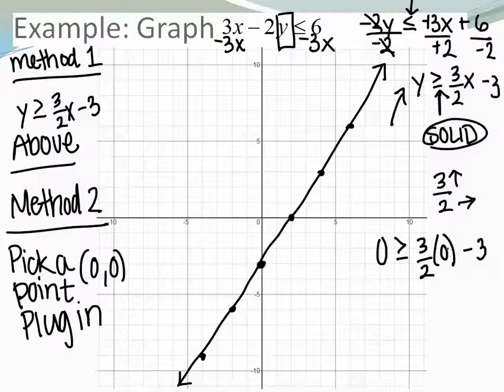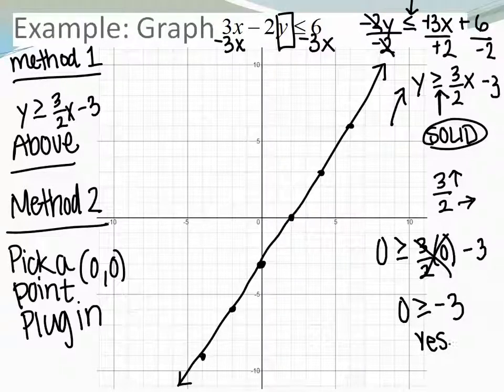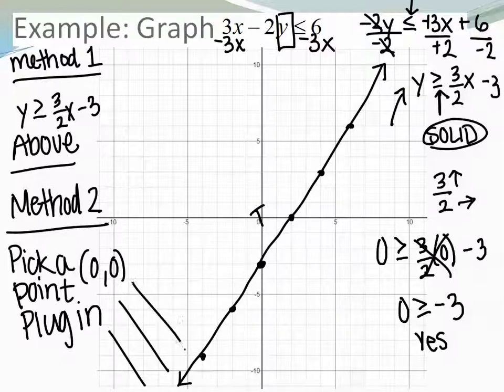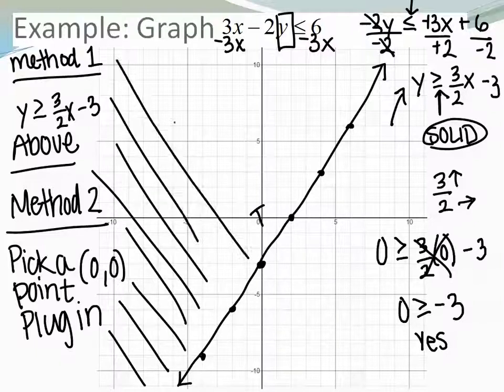Now the reason this is convenient is because multiplying by 0 just makes things go away. So now we have 0 is greater than or equal to negative 3. Is 0 bigger than a negative? Yes, it is. Okay, so since it's true, we shade on that side.